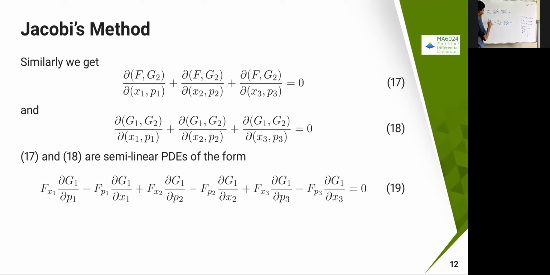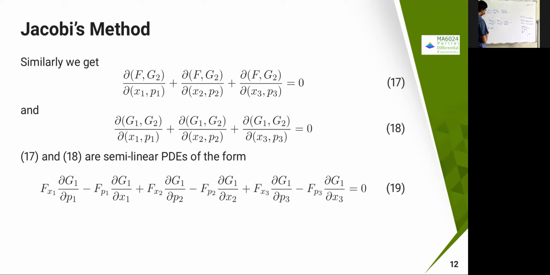so this is going to be f at x1, and g at x1. So this is going to become f at x1, then into g at p1, so g at p1 minus g at x1, f at p1 is going to come.